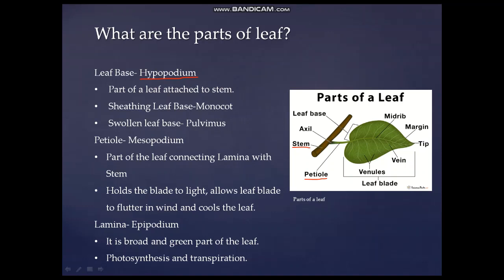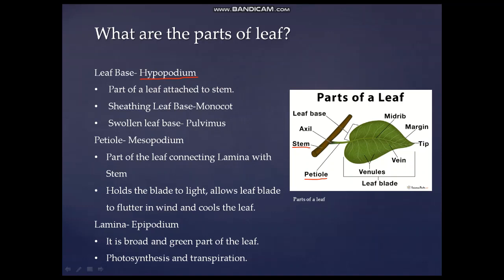The third part is lamina, also known as epipodium. It is the broad, main and green part of the leaf. It performs the function of photosynthesis and transpiration.